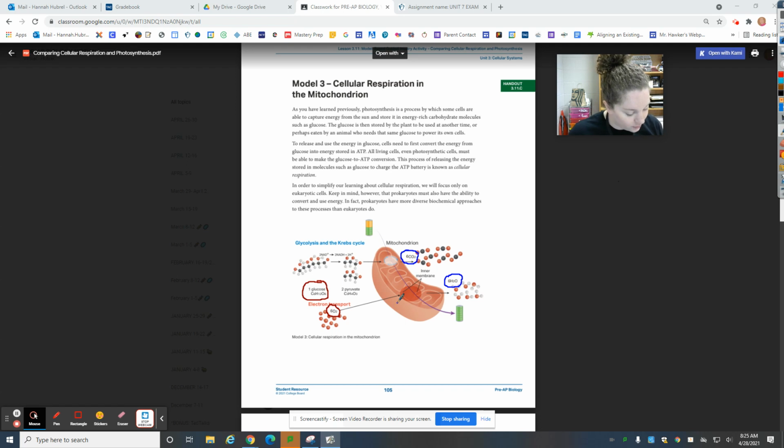So number 3, write the full chemical equation for cellular respiration. So all you're going to do is take the reactants and the products, and that's all it is. So I'm going to do a very bad job at trying to sketch this for you, okay?